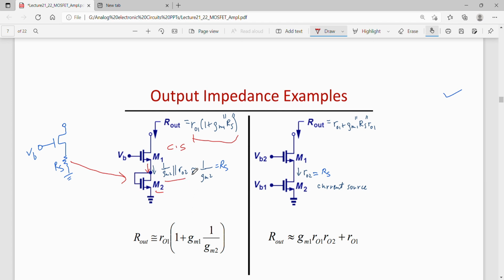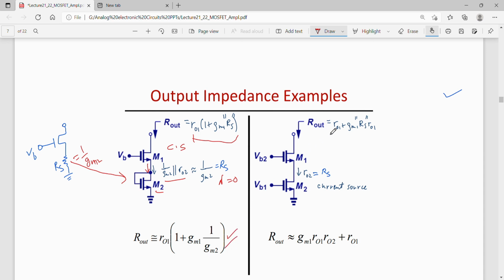Considering lambda is 0, one can write the impedance looking into this is 1 by gm2 only. So that means this Rs is 1 by gm2, or this Rs here has to be replaced by 1 by gm2. So the output impedance is now RO1 times 1 plus gm1 multiplied by 1 by gm2.